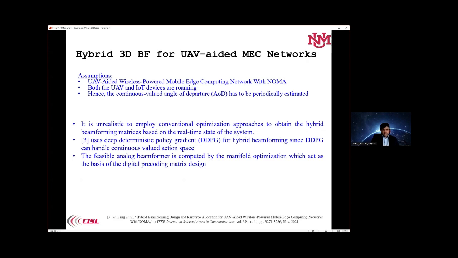Instead, in this paper, the authors actually use a deep reinforcement learning method called the deterministic policy gradient to achieve the hybrid beamforming, because the policy gradient approaches can track the continuous valued action spaces, in this case, the continuous valued angle of departure. And the feasible analog beamformer is then computed by using manifold optimization.